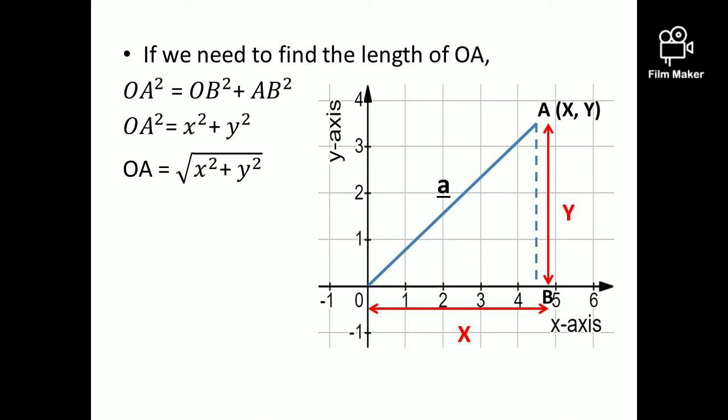Using the Pythagoras theorem, as you learned in the previous slide, OA squared equals OB squared plus AB squared. Therefore, OA squared equals x squared plus y squared. Then, to find the length of OA, you can write the square root of x squared plus y squared.